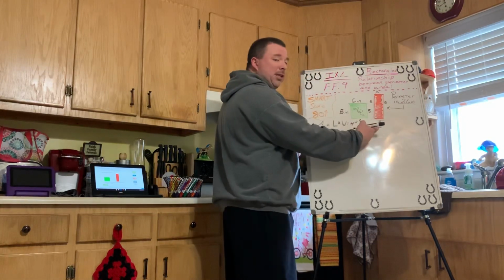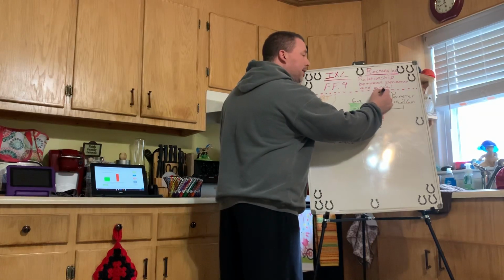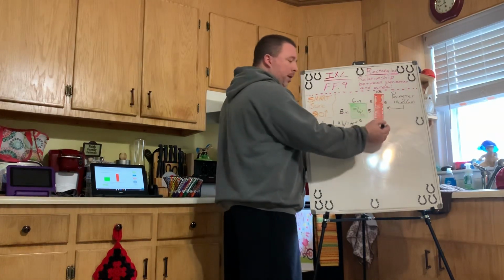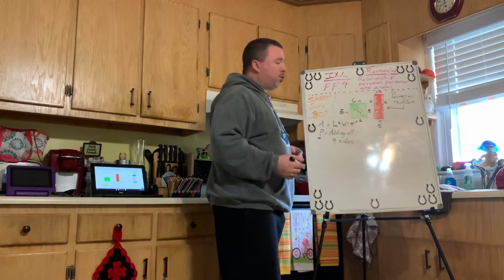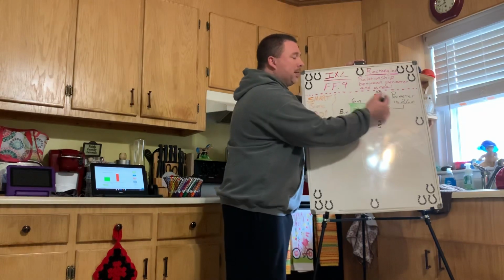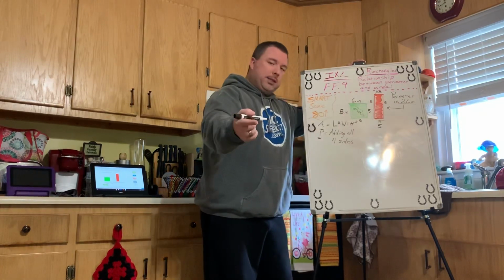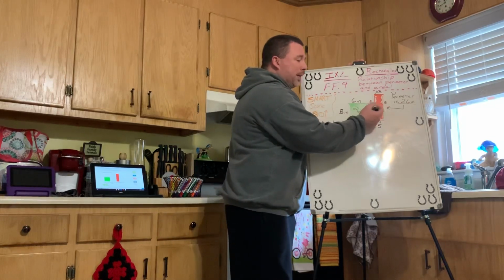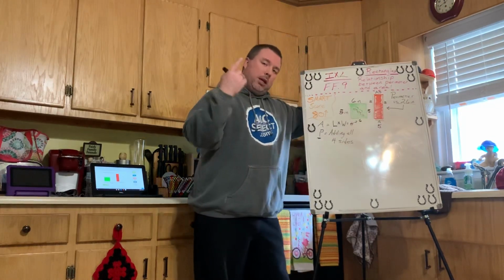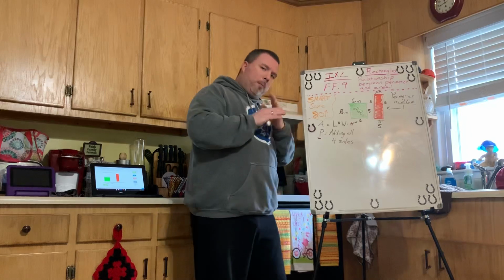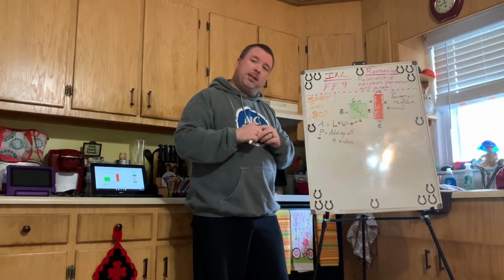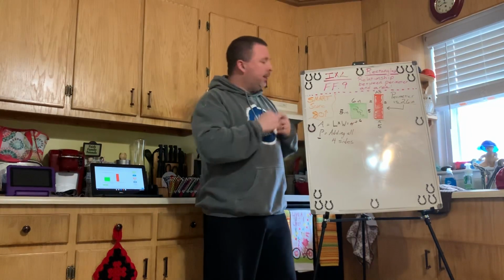Well, if this side is 5 and this side is 5, that would make how much? 10, that's right. What is 26 minus 10? It's 16. That means that these 2 sides have to add up to 16. Can you think of a number multiplied by 2 that makes 16? You're right, it's 8.